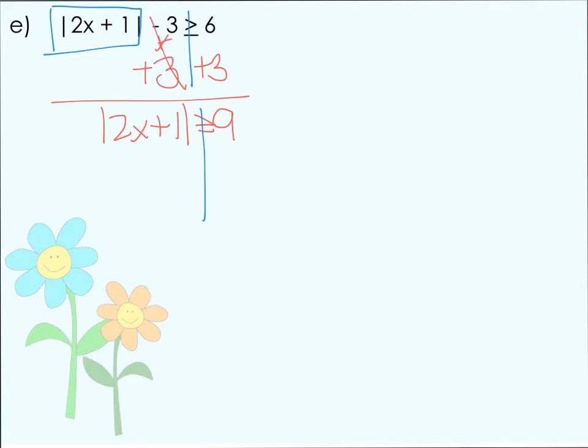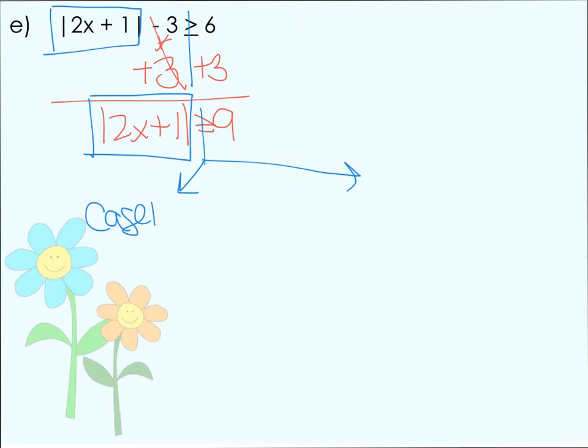Now, if I look at my absolute value, it is the only thing on this left-hand side. So we are going to be able to split into our two cases at this point. So you're going to have case 1, which is your positive, and case 2, which is your negative.